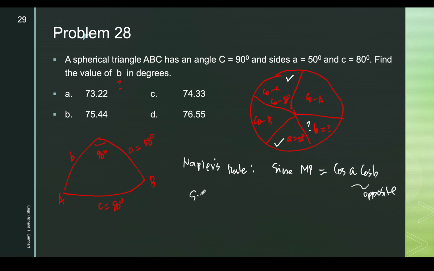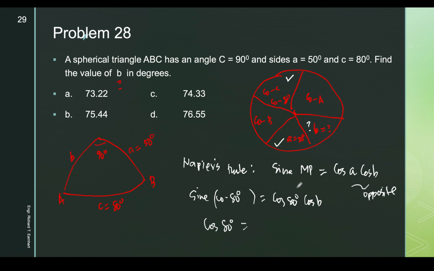So therefore this is sine of co-80 degrees equals cosine of 80 degrees, and cosine of B. Now, the co-function of sine is cosine. No? So, this has to be cosine 80 degrees.